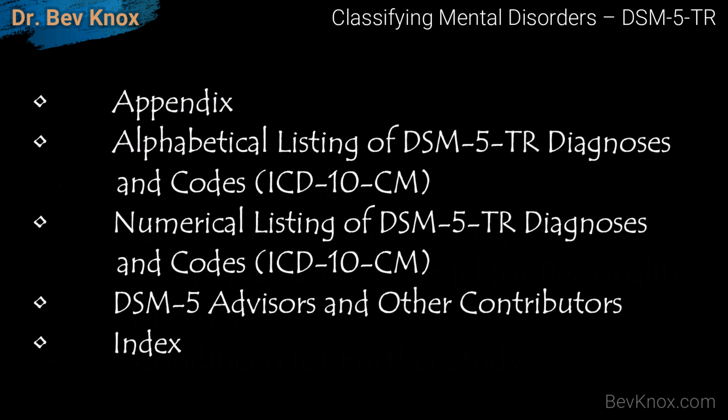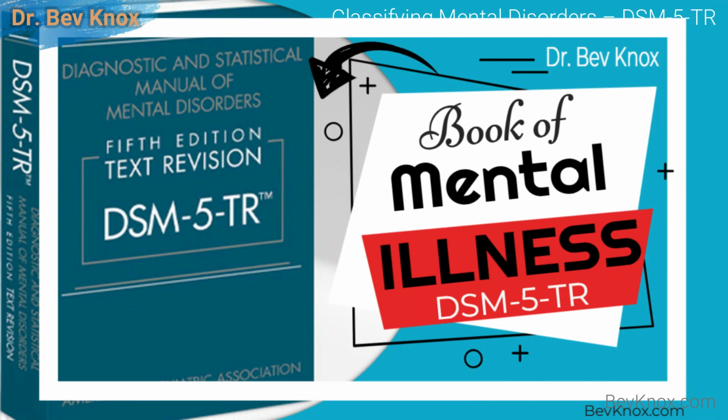There is also an appendix and alphabetical listing of the DSM-5-TR diagnoses and codes, numerical listing of the DSM-5-TR diagnoses and codes, and the DSM-5 advisors and other contributors, then the index. But let's go back to the classification system itself.